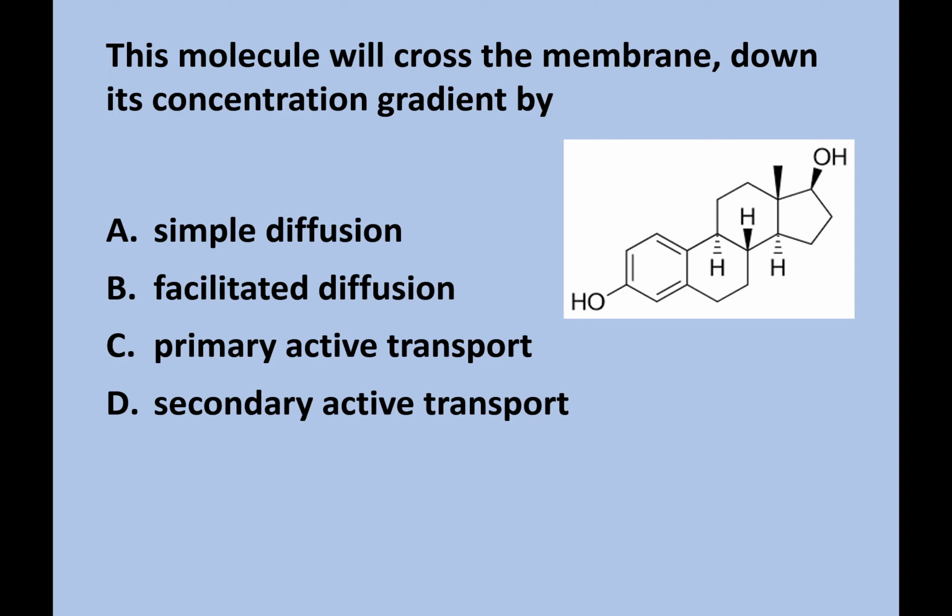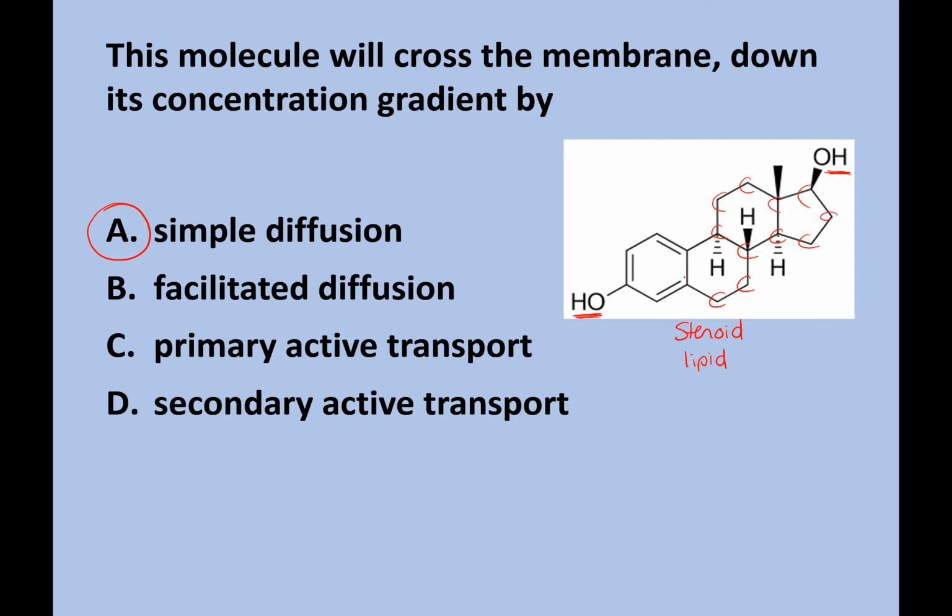This molecule will cross the membrane down its concentration gradient by, hopefully you recognize this as a steroid, which is a lipid, and that means it goes through simple diffusion. So I know this gets a little confusing because there are 2 OHs, but there are so many carbons.